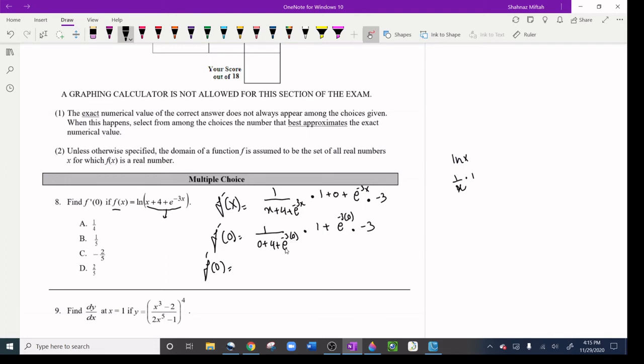So 4 plus 1 is 1/5 times negative 3 times e to the negative 3 times 0, which is e to the power 0, and that's 1. So negative 3 times 1 is negative 3, plus 1 is negative 2. So I got negative 2 on the top. So negative 2/5 is the answer for question number 8. That's C.